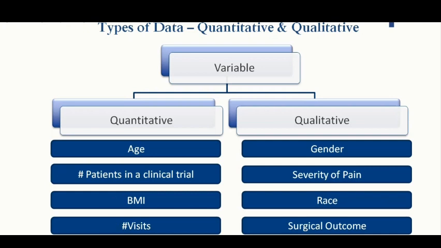So they are discrete or continuous. So number of patients in a clinical trial is a discrete variable, whereas age, BMI are continuous variables, number of visits is a discrete variable. So the things which you can count are discrete variables. Or you can specify the next number, that is a discrete variable.